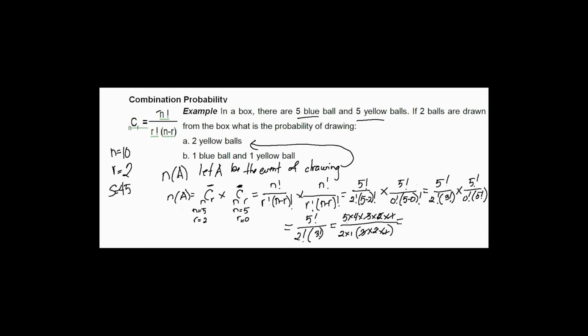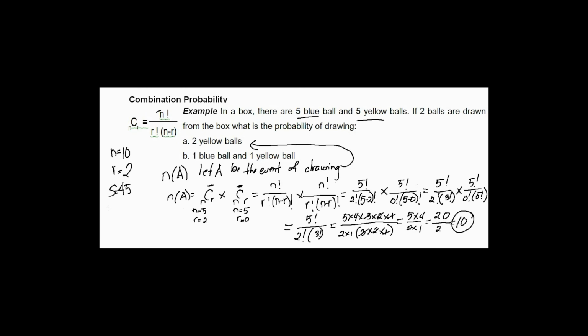Then we have 5 times 4 over 2 times 1. 5 times 4 is 20, and 2 times 1 is 2. So we divide 20 by 2, and the number of A happening is 10.